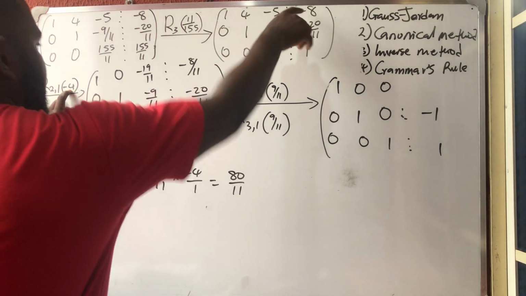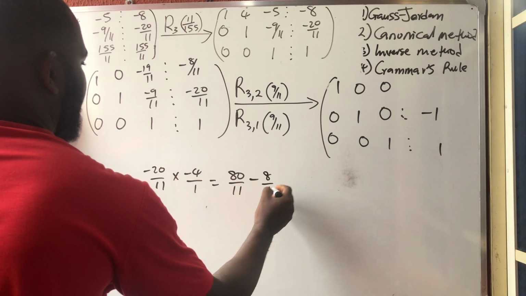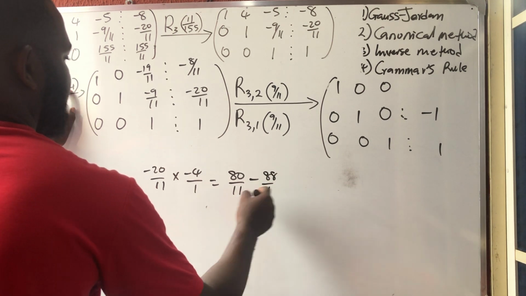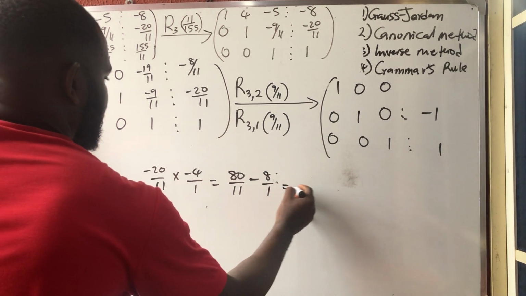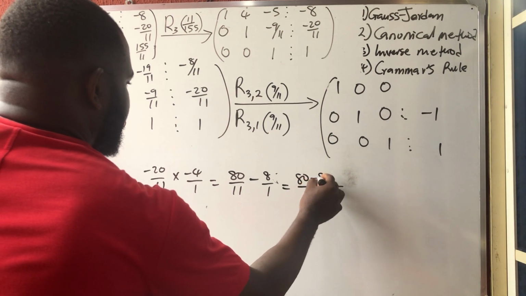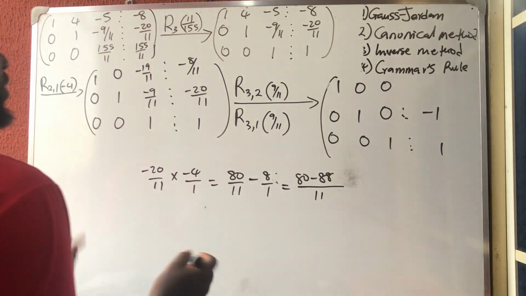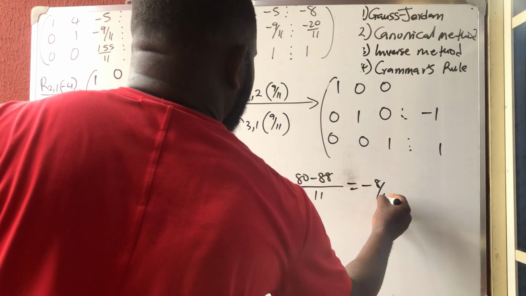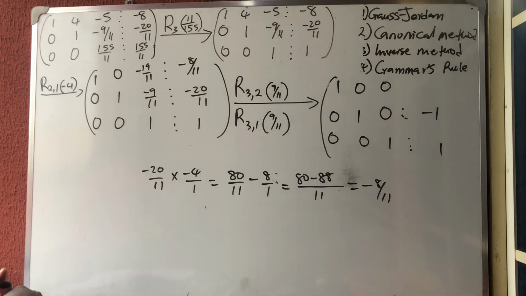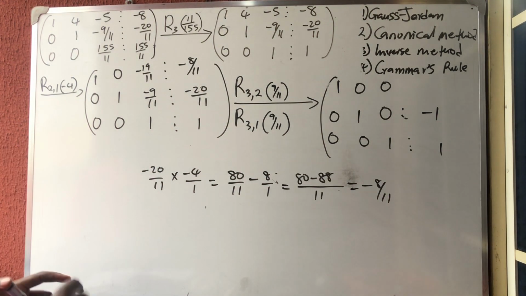Then we're adding it to this, that is minus 8 over 1, which is minus 88 over 11. So 80 minus 88 over 11 gives you minus 8 over 11. So why are we not getting that? I think there's an issue somewhere. So let us check where the issue is.